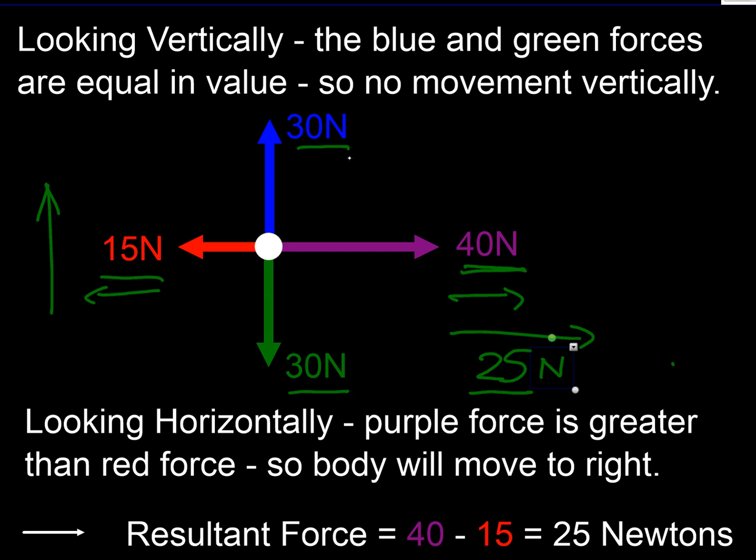And again, the blue and the green have no effect on this. They're going in a different direction. We're only interested here in forces that are going left to right. And we can calculate our resultant force here by just looking at those and ignoring the rest.